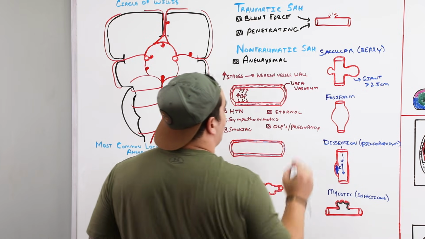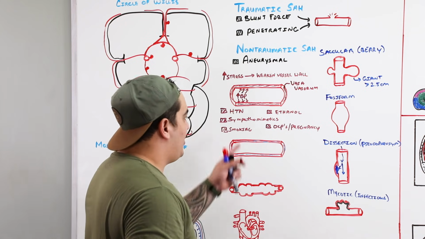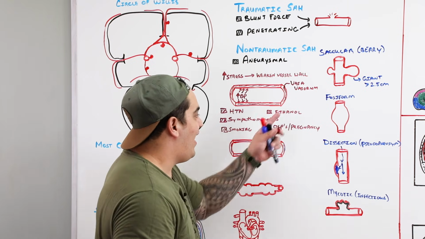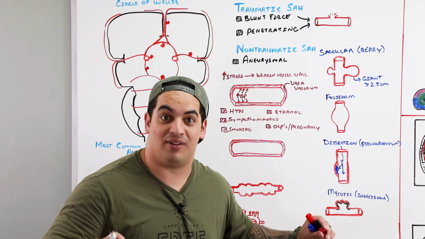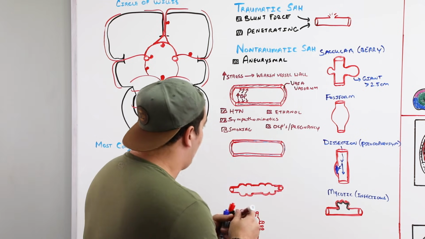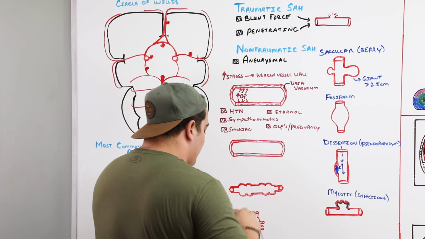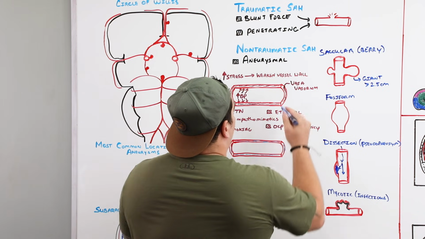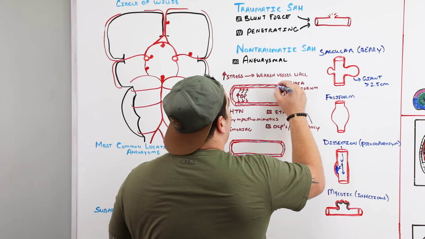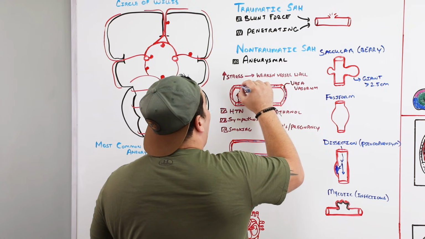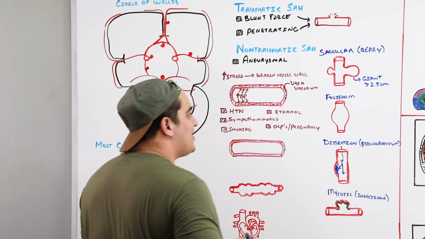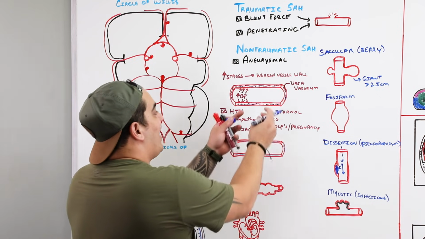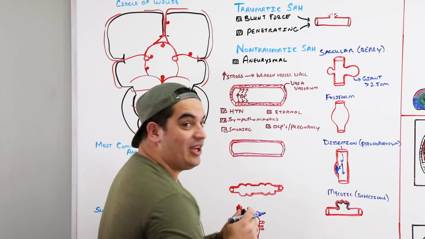So besides increasing your blood pressure and putting stress on the vessel wall, hypertension, sympathomimetics, smoking, ethanol, oral contraceptives or pregnancy can also make these tiny little vessels of the vasa vasorum become arteriosclerotic. It can cause hyaline arteriosclerosis. And as you cause that hyaline arteriosclerosis, that affects the blood flow to the tunica media.